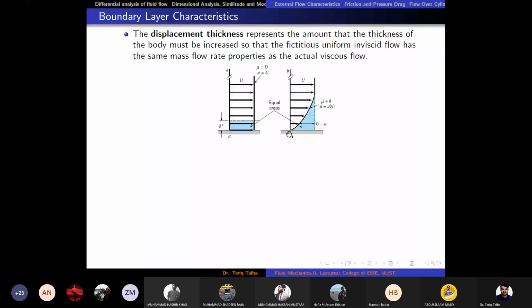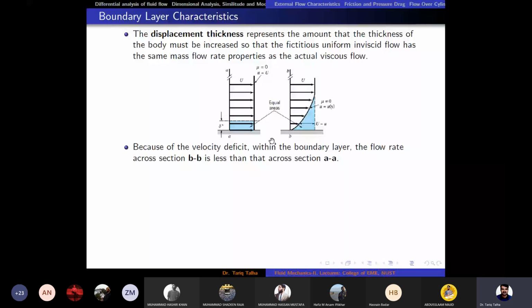So as I explained on the whiteboard, because of the velocity deficit within the boundary layer, the velocity deficit is this shaded region. The flow rate across section BB is this section, that would be less than the flow rate across section A. A is this section for the inviscid flow, and that's why we need to increase the thickness of the flat plate so that this distance is less.